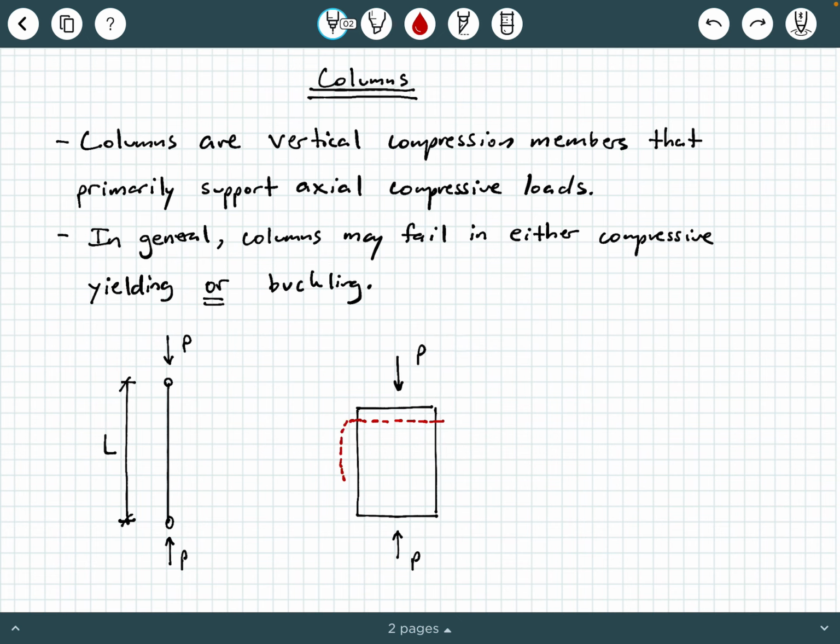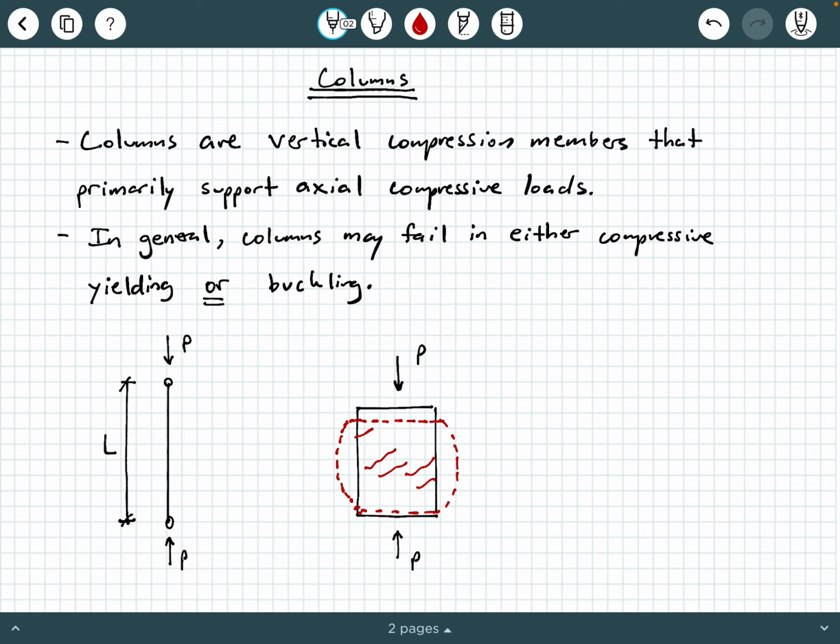Let me draw that a little bit better for us. It will bulge out, okay? Now when it does that, it will then develop some shear cracks. Usually these are diagonal, and it's doing that because the material itself is yielding, okay? Now, where have we seen this before?